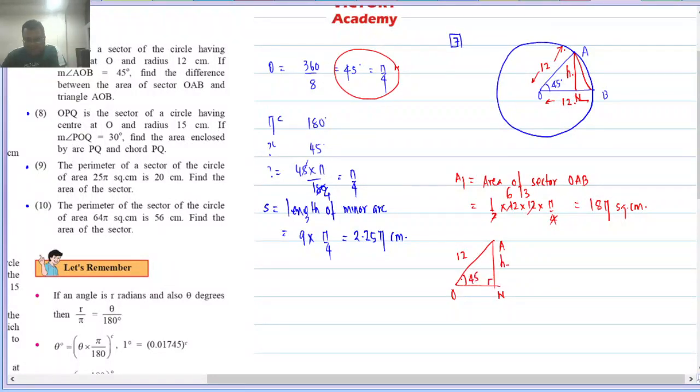And this is the height. So what is sine 45? 1 by root 2, which is h upon 12. So h is 12 upon root 2, which is 12 root 2 upon 2 after rationalizing. 2 6s are 12, so h is 6 root 2.